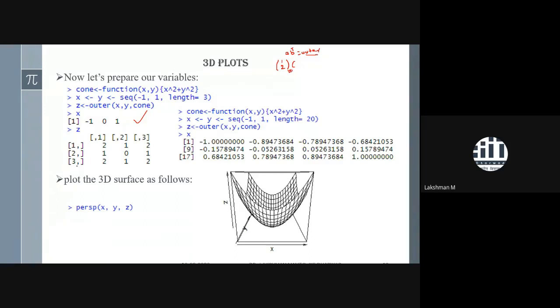B is a vector with coordinates 3 and 4, and we take B transpose, so its order would be 1 by 2. So the outer product of two vectors gives a matrix. Remember that. It is not giving a scalar, it is giving a matrix.